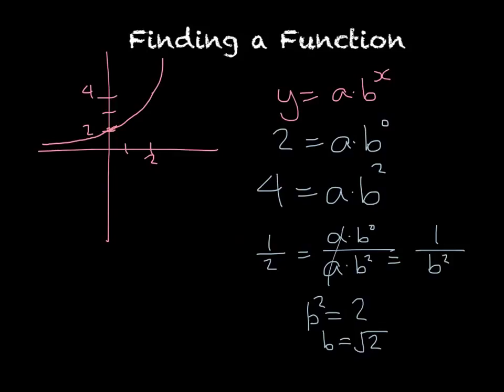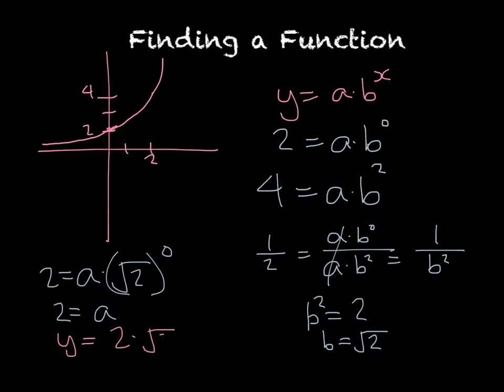And then, in order to find a, we can just plug our value of b back into any one of these first equations. So 2 equals a times the square root of 2 to the power of 0, or 2 equals a. And so now we have as our function y equals 2 times the square root of 2 to the power of x.